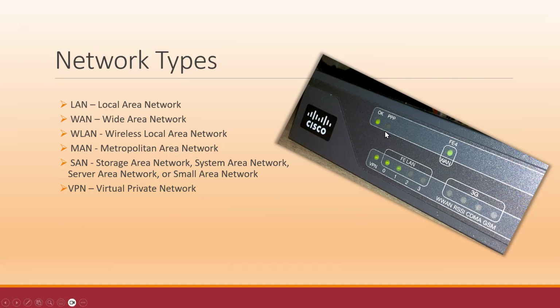So look at this here. This here is a gateway device. The gateway has all the permissions, restrictions, and all kinds of information on how the network is supposed to communicate with the outside world. And the gateway is usually connected to a modem.